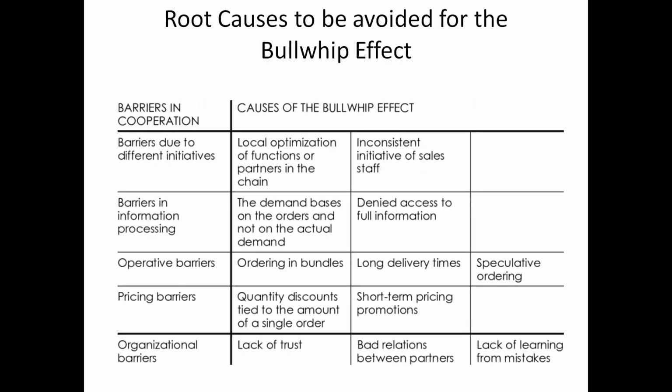So these are some of the root causes to be avoided for the bullwhip effect. Barriers in cooperation that lead to the bullwhip effect. Under each barrier, as shown here, barriers due to different initiatives lead to local optimization of functions or partners in the chain.